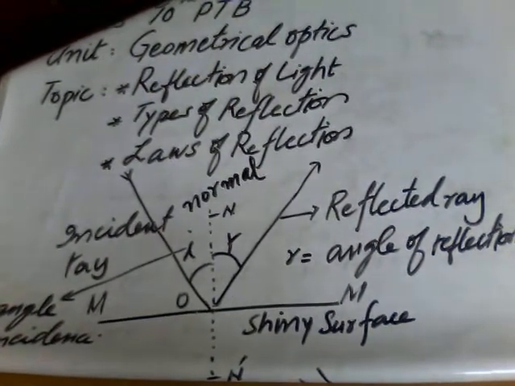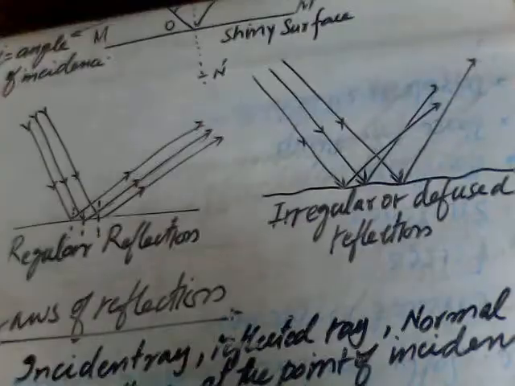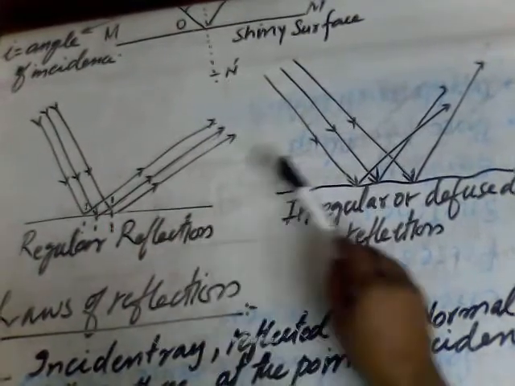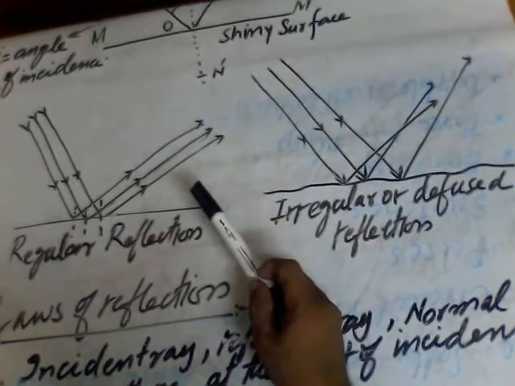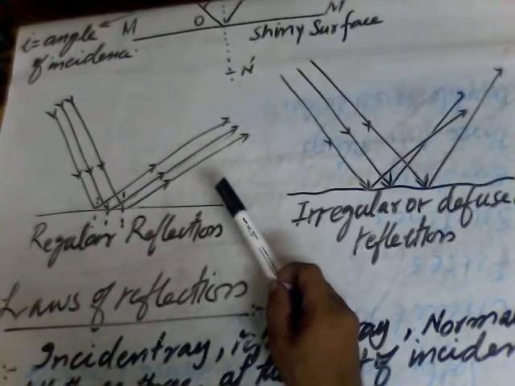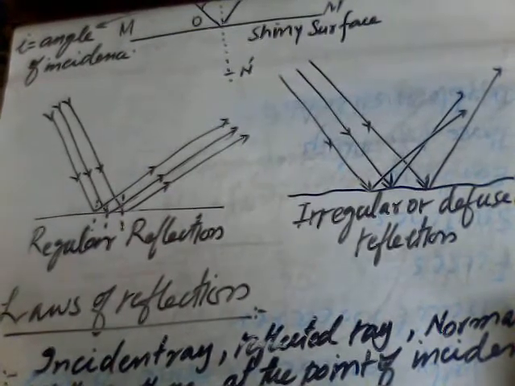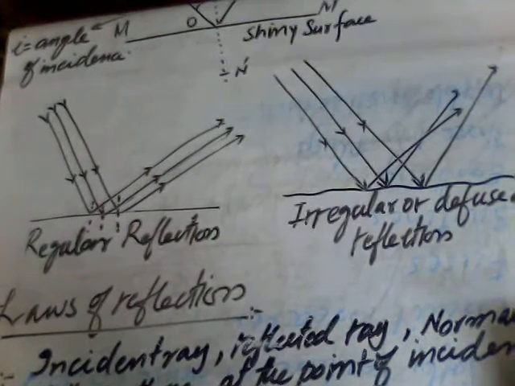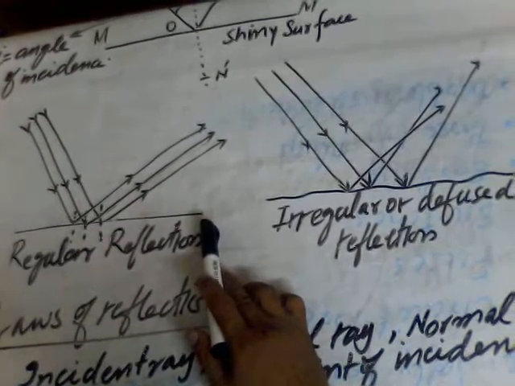Now we will learn about the types of reflection. Here on the whiteboard, two figures are shown. If you observe them closely, carefully, three light rays are being shown. And these three rays strike a highly smooth polished surface.